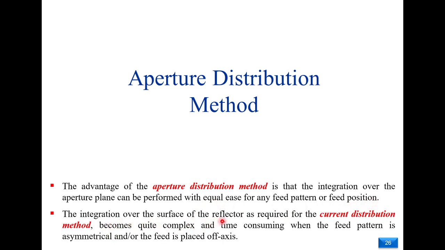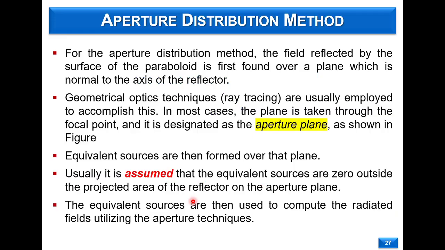The integration over the surface of the reflector required for the current distribution method is complex, because you have the incident field and from point to point you have a different orientation for the normal. So in general, the current distribution method may be accurate, but it is more difficult to implement. The aperture distribution method is easier. So this is what this slide is saying.